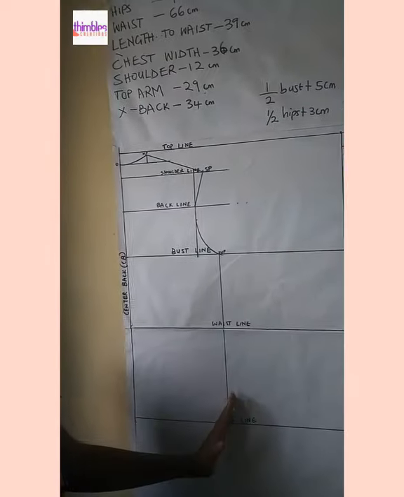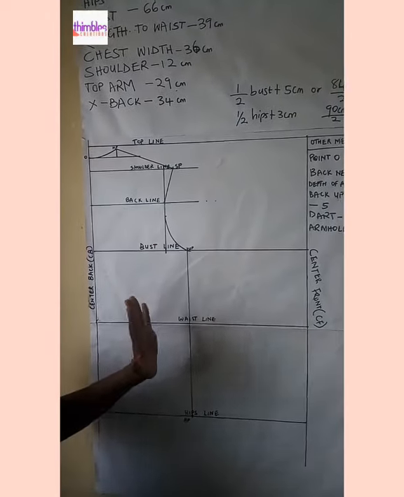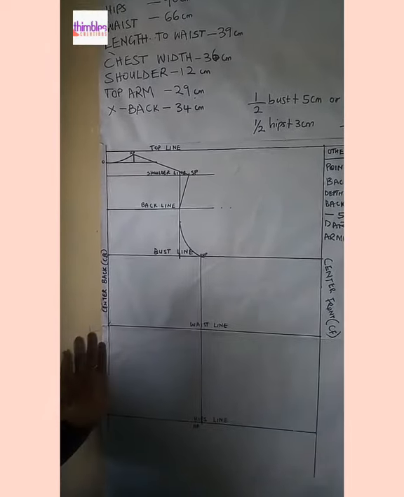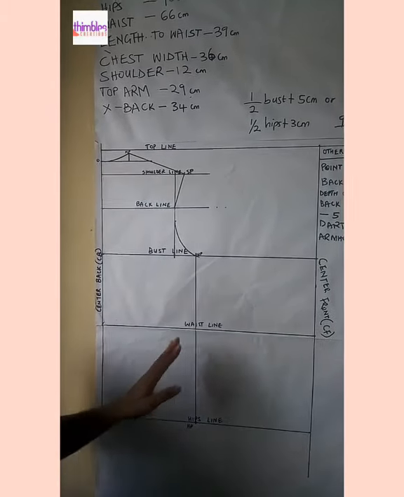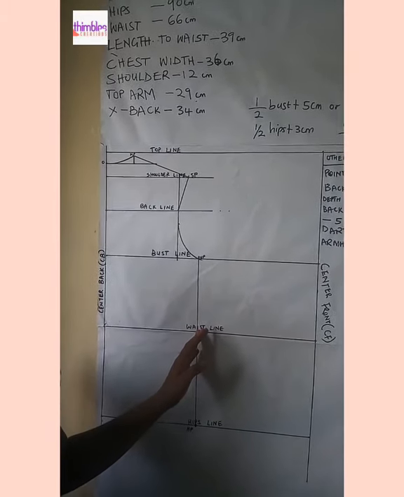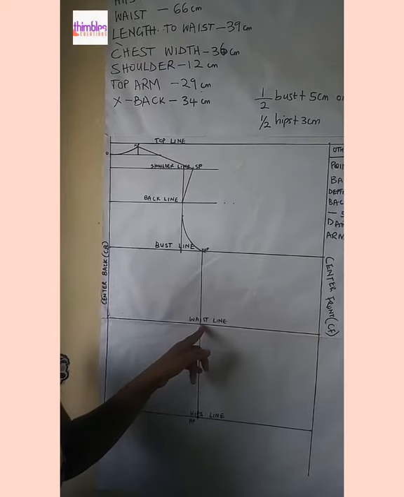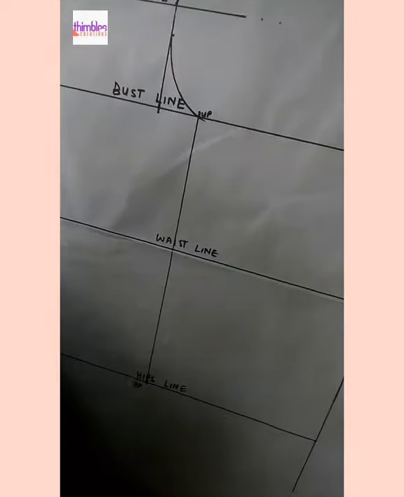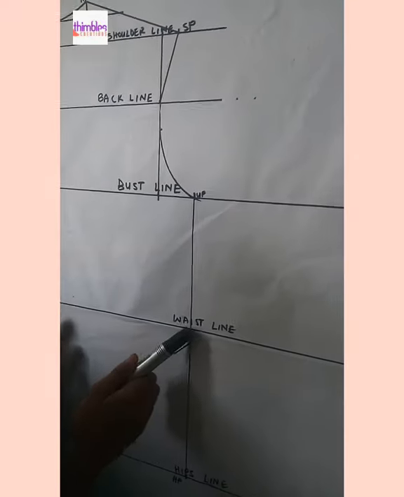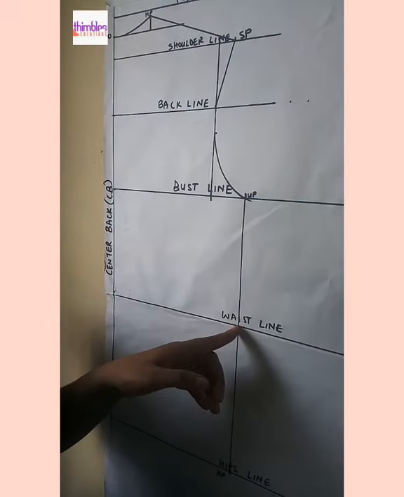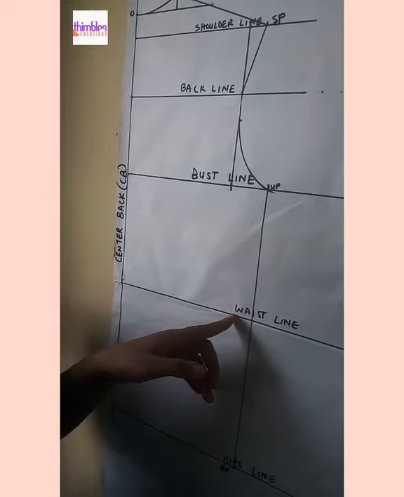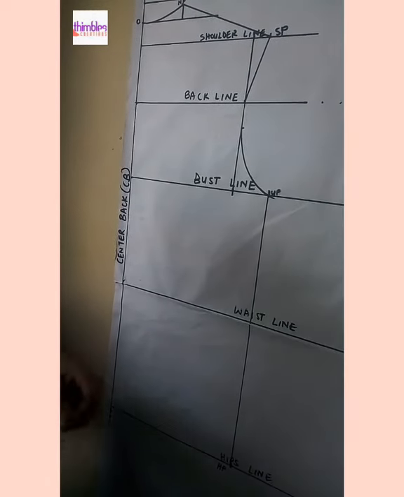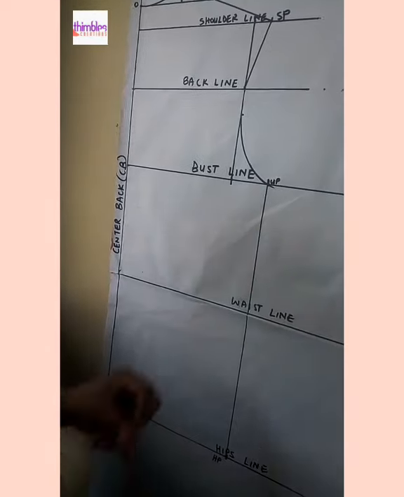This is your outer waistline, which you can actually leave your pattern like this, but if you want a closer fitting dress, you have an inner waistline. To get my inner waistline, I'll take 2 centimeters in from this point here.